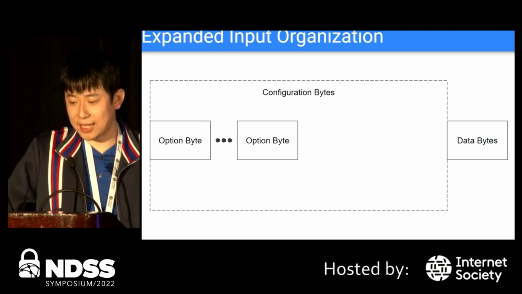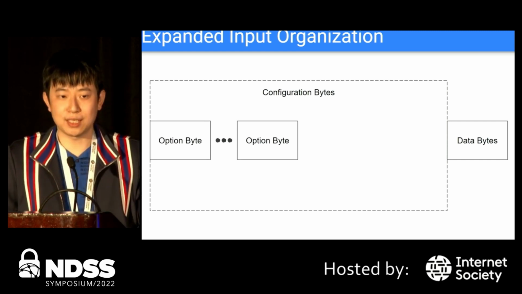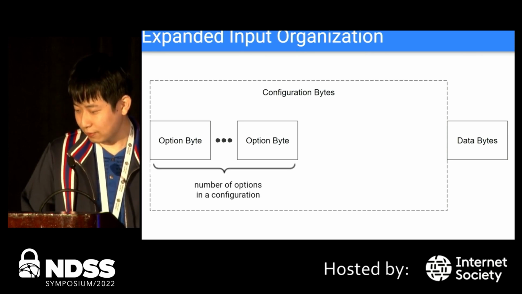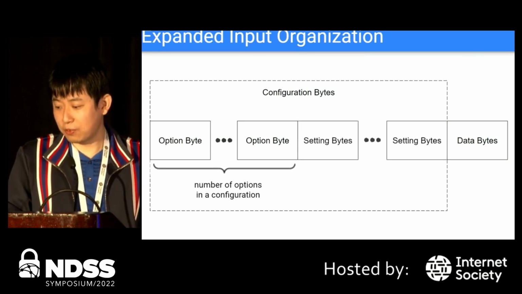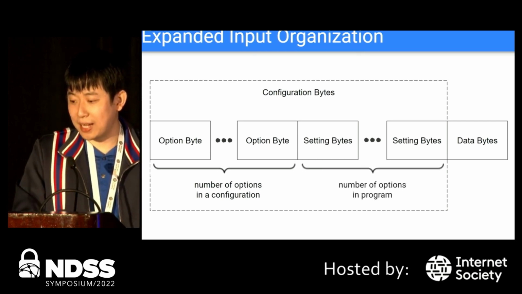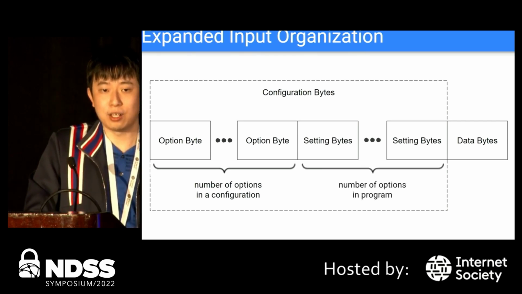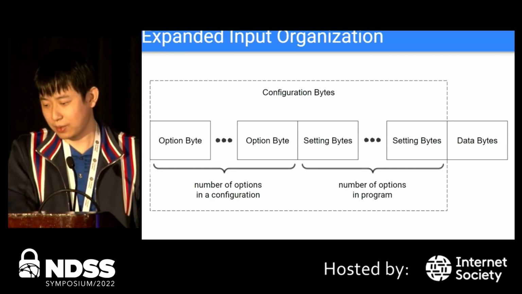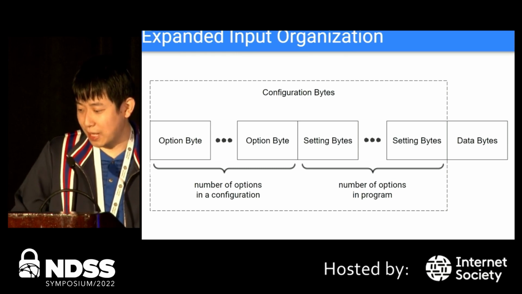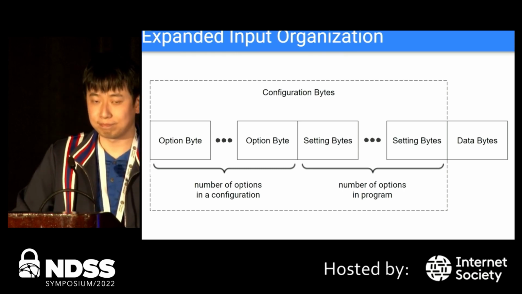Each option byte represents an option in a configuration. Following that, groups of setting bytes. Each group of setting bytes represents the setting of an option in the program. So the number of groups of setting bytes is decided by the number of options in the program.